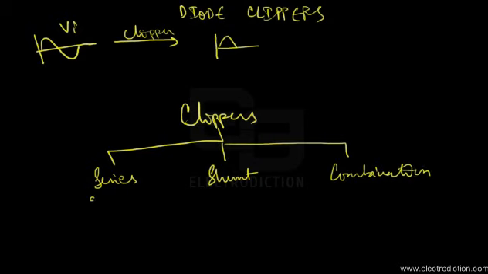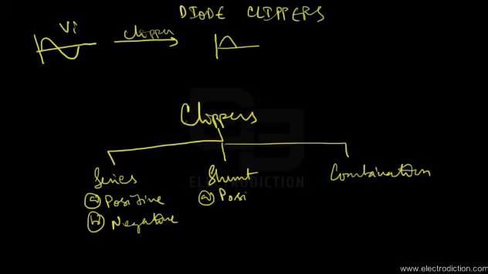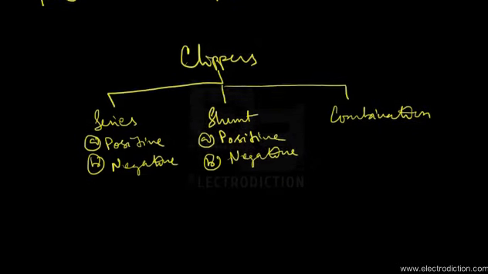The series type of clipper can be further divided into two types: the positive series type and the negative series type. Similarly, the shunt type clippers can also be divided into the positive and the negative types. That was the classification of clippers based on their design procedures.